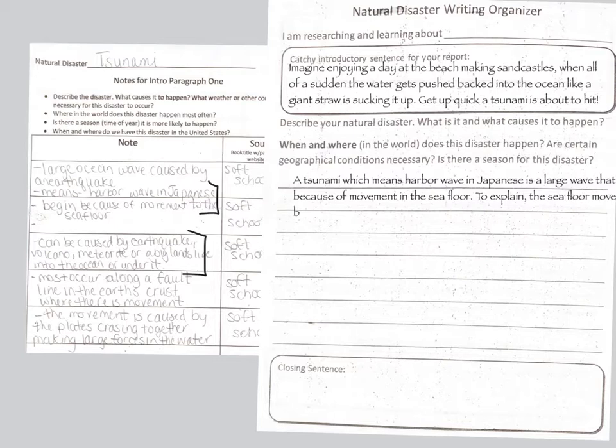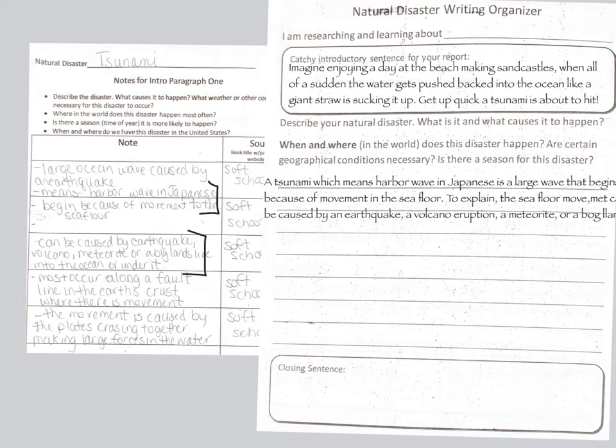movement can be caused by an earthquake, a volcano eruption, a meteorite, or a big landslide that goes in or under the ocean.